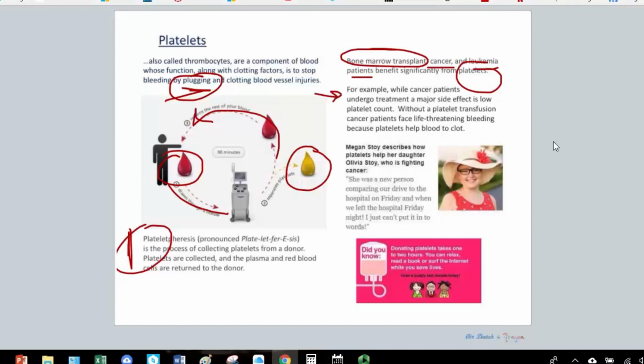For example, if a cancer patient is undergoing chemotherapy, one of the side effects is a low platelet count. And so again, they have these issues with potentially having life-threatening bleeding situations. And so platelets are very valuable to these individuals to help stop bleeding.